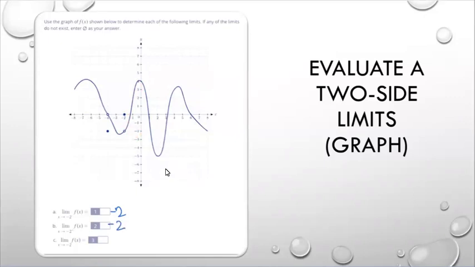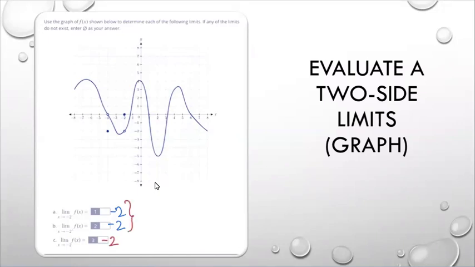All right, so then here comes the definition of the two-sided limit. If the limit from the right is the same as the limit from the left, so if the limit when x approaches -2 from the left is the same as the limit as x approaches -2 from the right, then the limit of the function when x approaches -2 exists, and it's equal to the same value that we have in here.